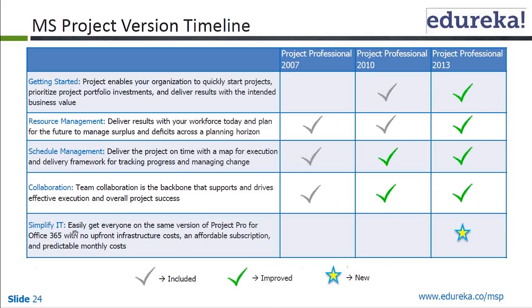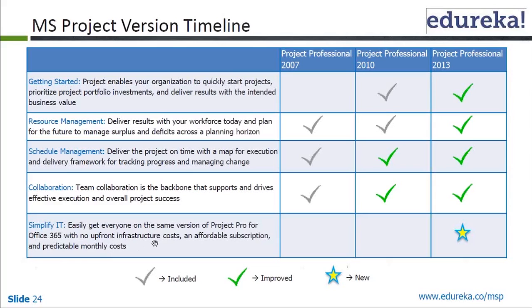And what is new in 2013? The feature, Simplify IT. So easily get everyone on the same version of Project Professional for Office 365 with no upfront infrastructure cost and an affordable subscription and predictable monthly cost. So it is a pay-per-use kind of thing that is there with Office 365, right?